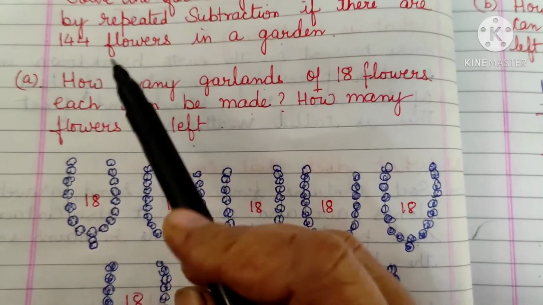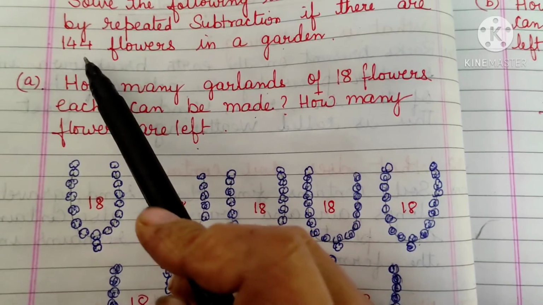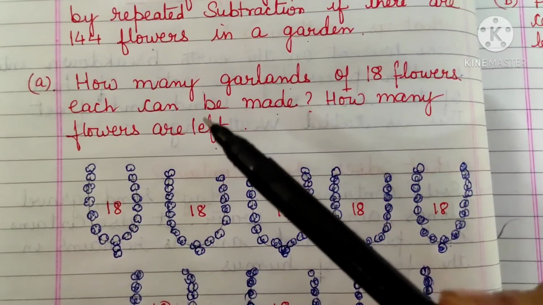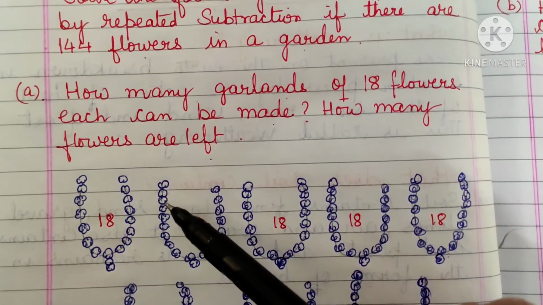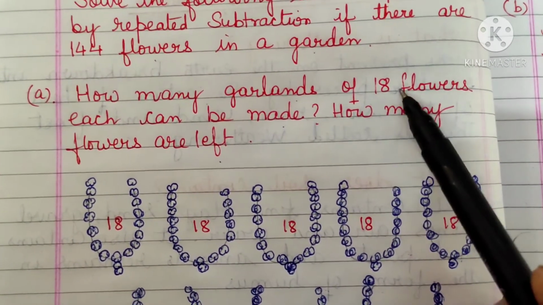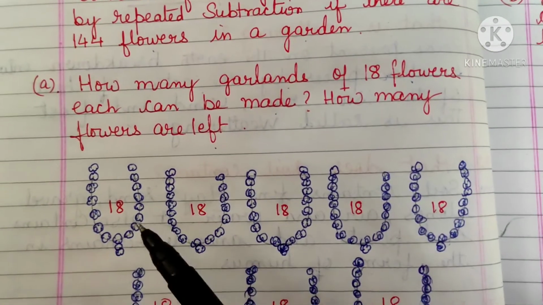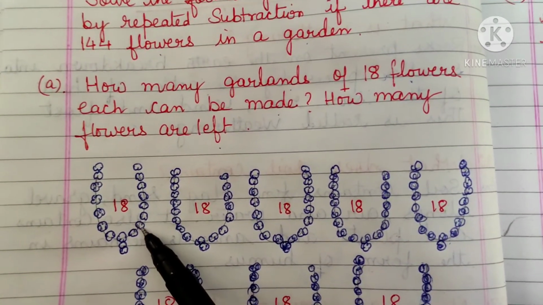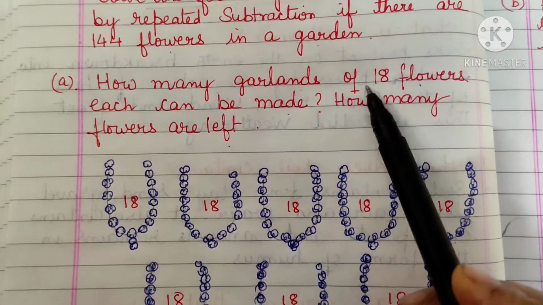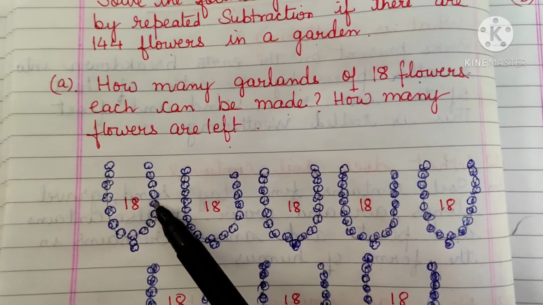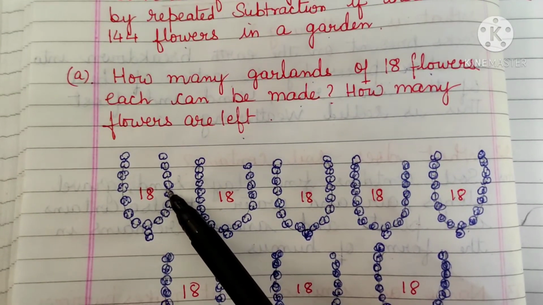Children, it means you are distributing 144 flowers into different groups and each group has 18 flowers. Means when you are making the first garland, you are using 18 flowers in this garland.